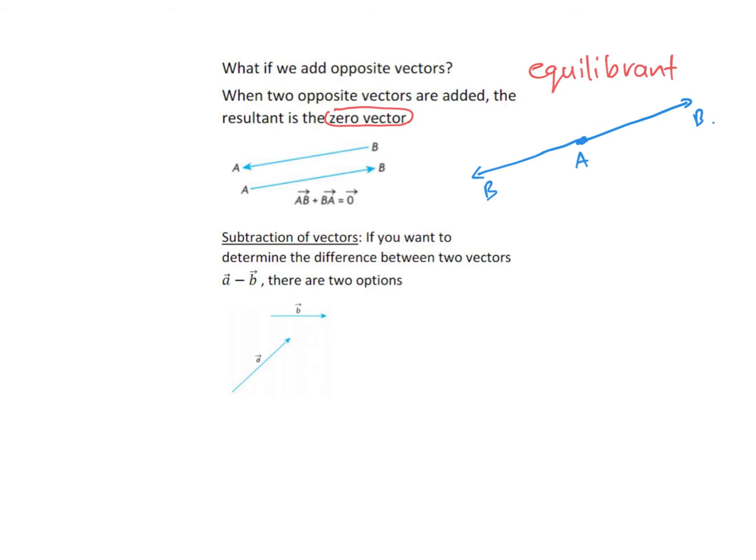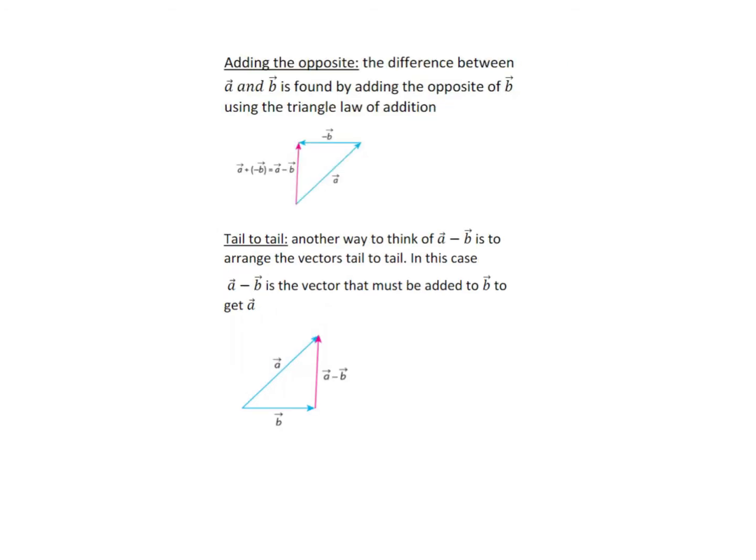We can also subtract vectors. If I want to do A minus B, there's two options. We can think of adding the opposite. So if you remember, the original vector B was going this way. So if I add A and then I want to subtract B, then I would go the opposite direction.